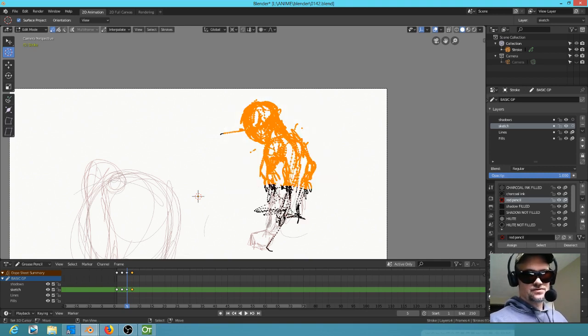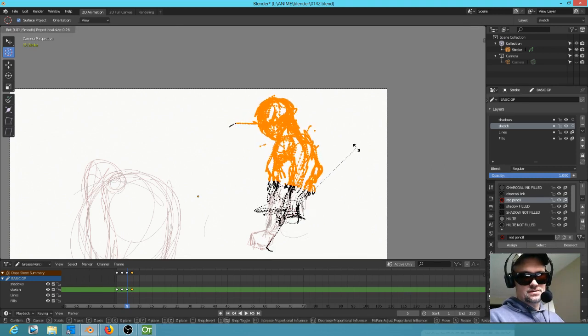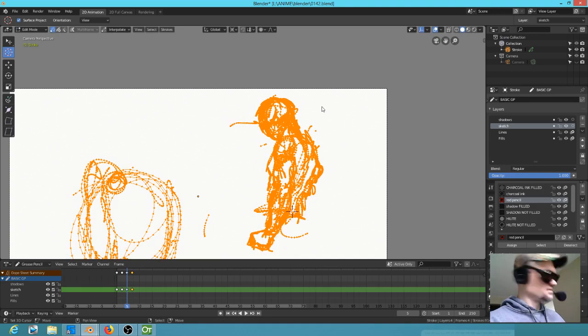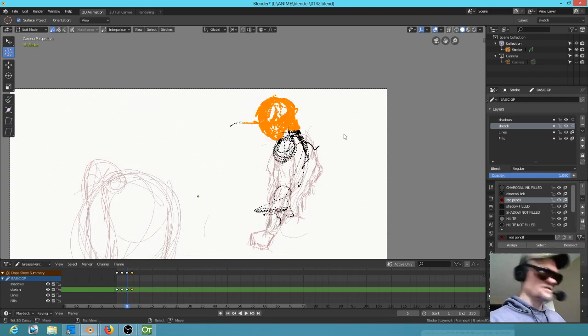Okay, so what I'm going to do is rotate. Yeah, see, this is where the grease pencil shines. Makes it really easy to do sculpting, you know, sculpting type stuff.